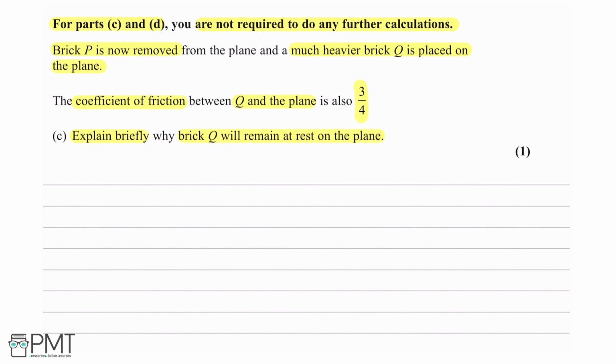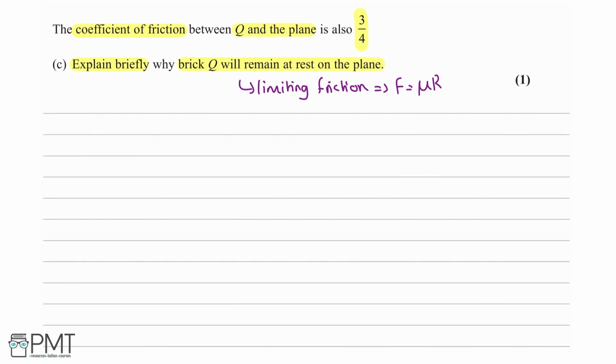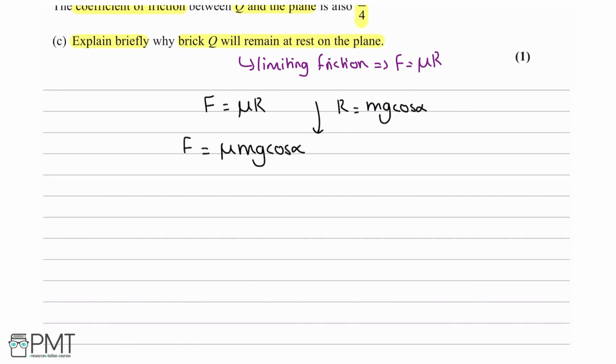When you are looking at remaining at rest, you are looking at the friction being limiting. So we can say limiting friction. And what this means is that F equals mu R. That's where we will start. We will then get F equals mu mg cosine alpha from the fact that R equals mg cosine alpha.